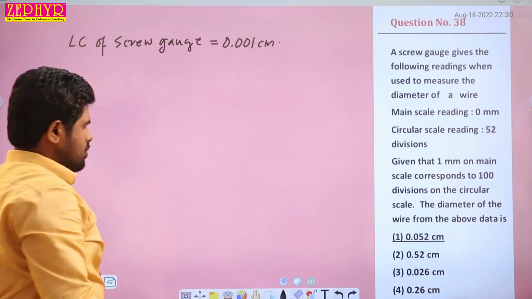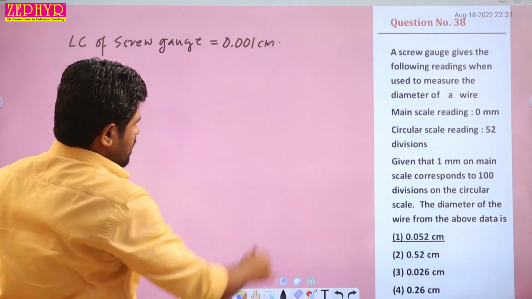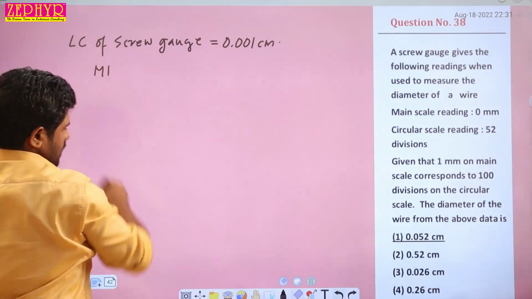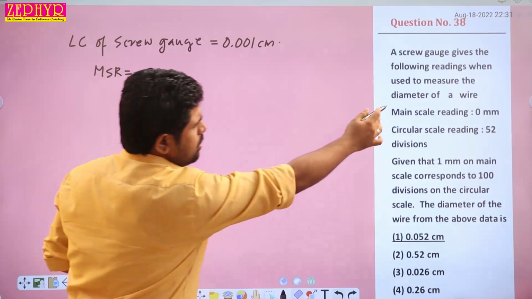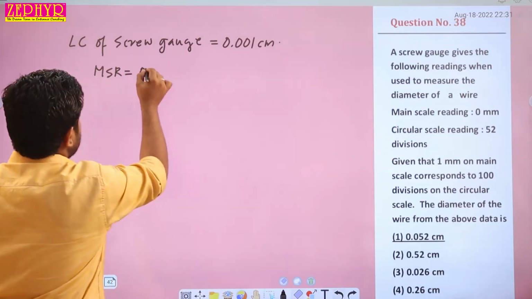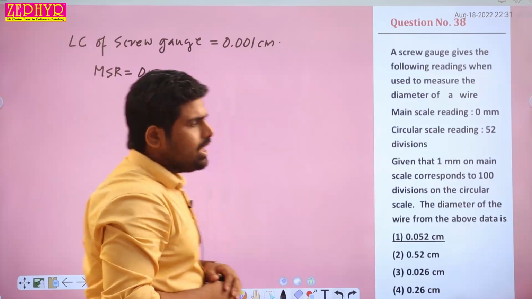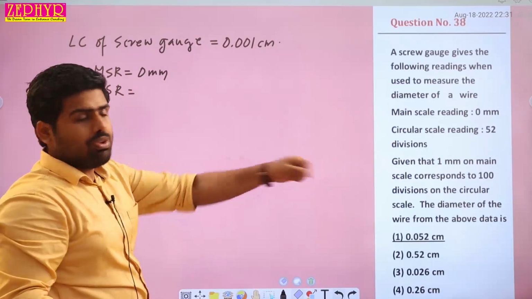Here the main scale reading, MSR value, is equal to 0 mm. Then the circular scale reading, or CSR, is equal to 52.